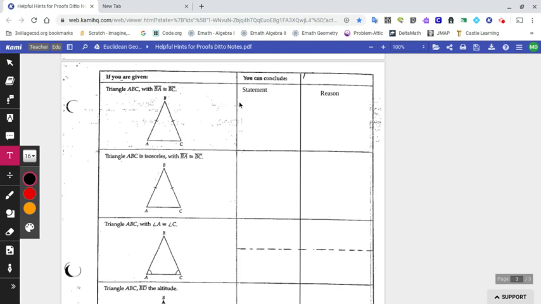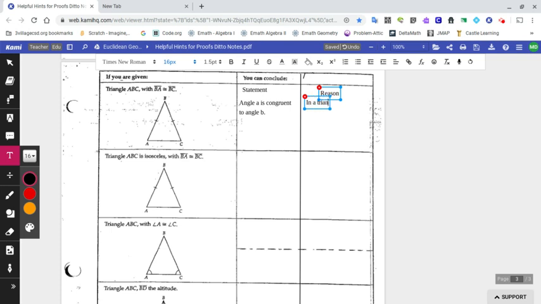First thing it tells you is that angle A is congruent to angle C, because in a triangle, the angles opposite congruent sides are congruent.